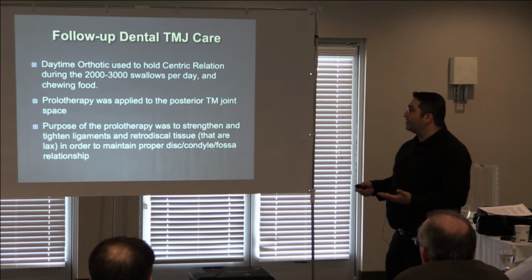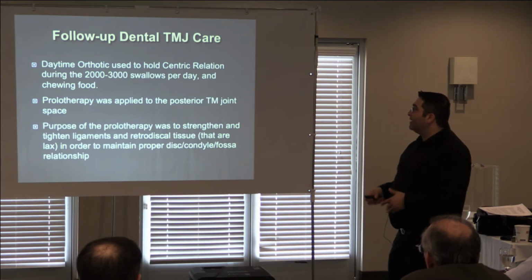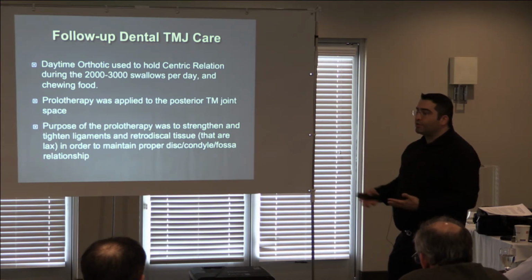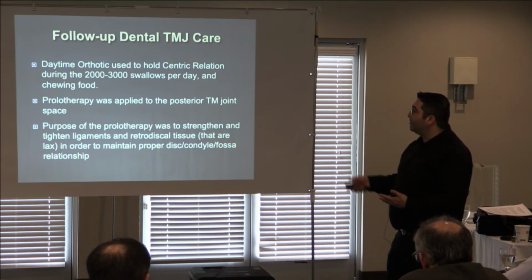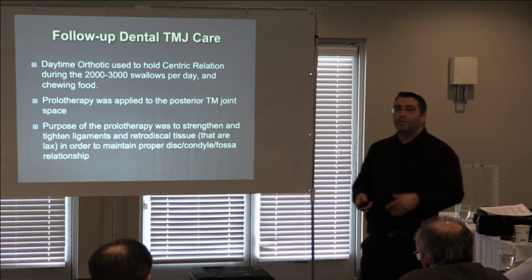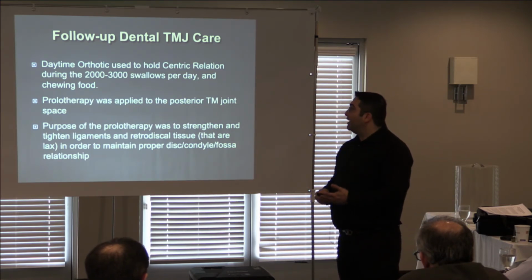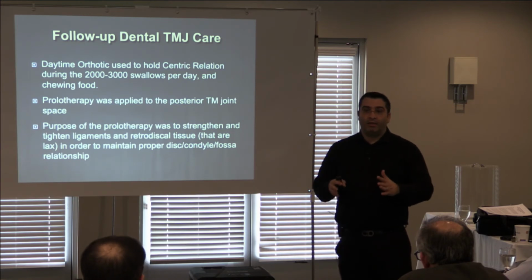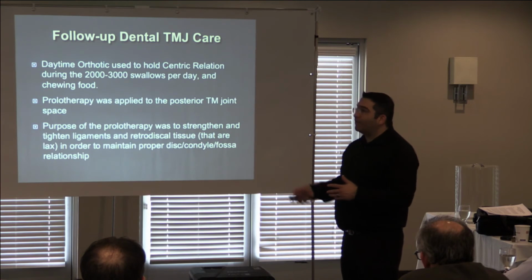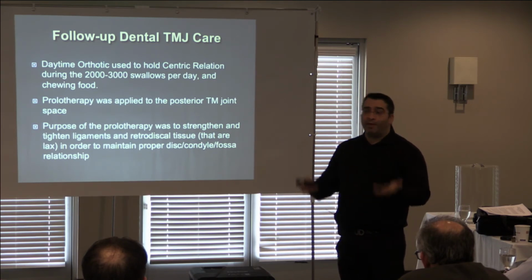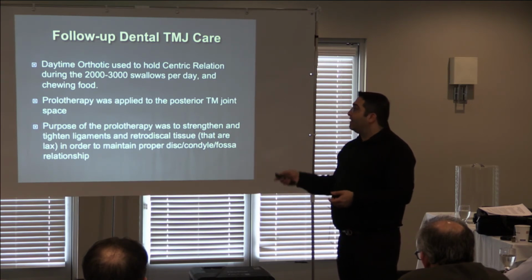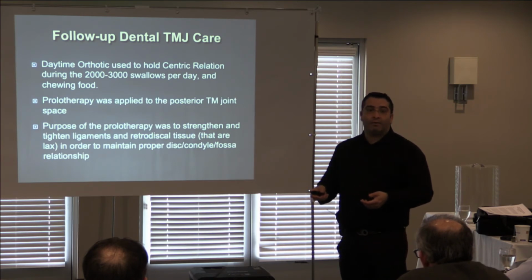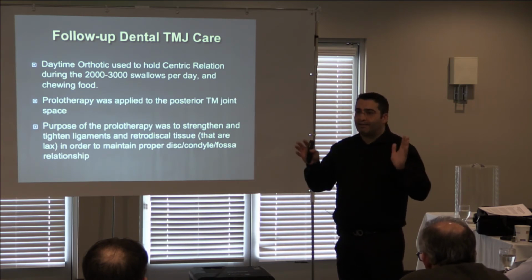And just so you all understand, the daytime orthotic is used to hold the centric relation during the 2,000 to 3,000 swallows we have per day, when we speak, when we chew, and it's only for 3 months. There are actually laws in place for dentists that if they make a 24-hour appliance, and of course I have 2 appliances, that counts as 24 hours, that there has to be a weaning, whether they're ready or not, at the 10 to 12 week mark.